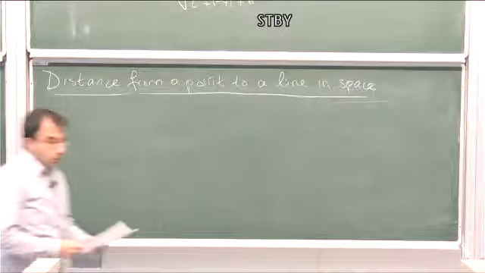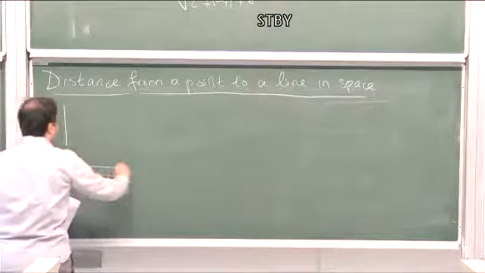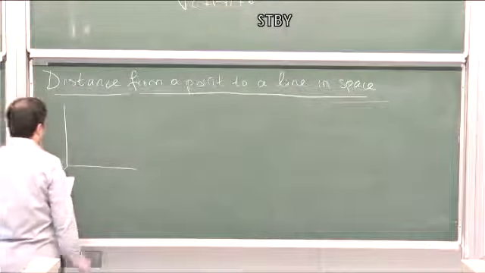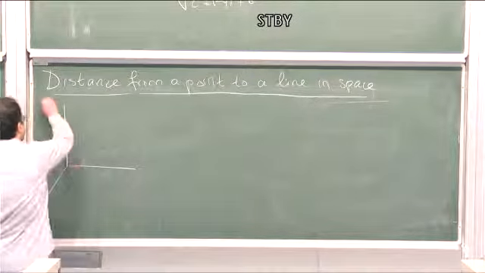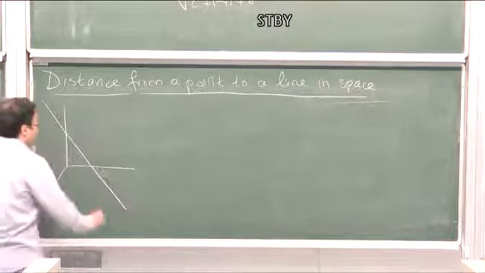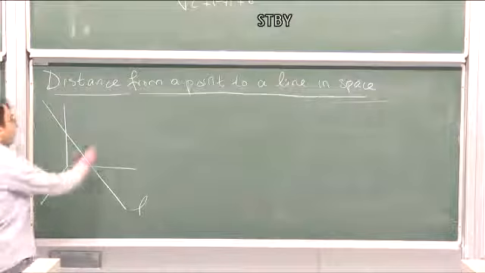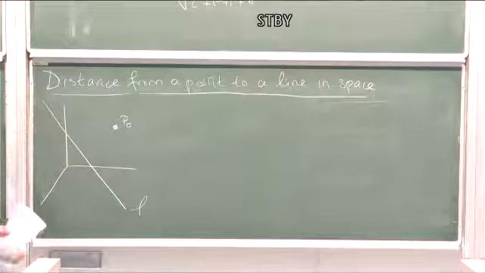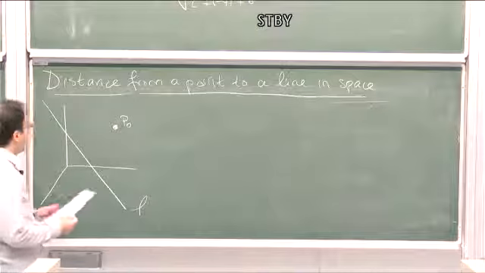Okay, so let's first draw a picture as we did previously. And you will see that using vectors will simplify things a lot. So here is the thing. We are in space and we consider a line L. And again, we have a point P0 outside, and we want to find the distance again.